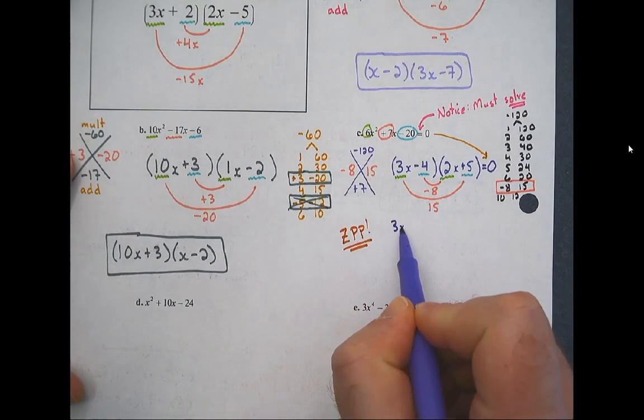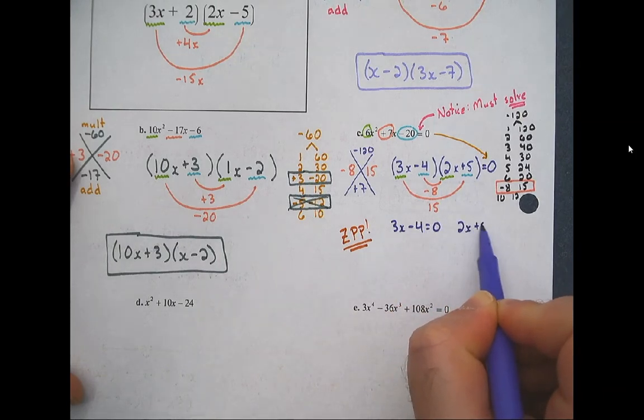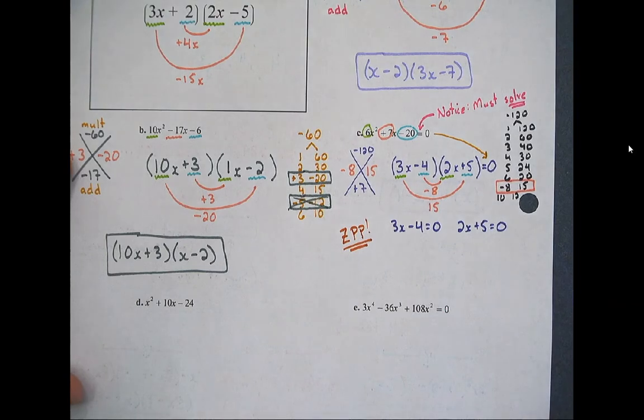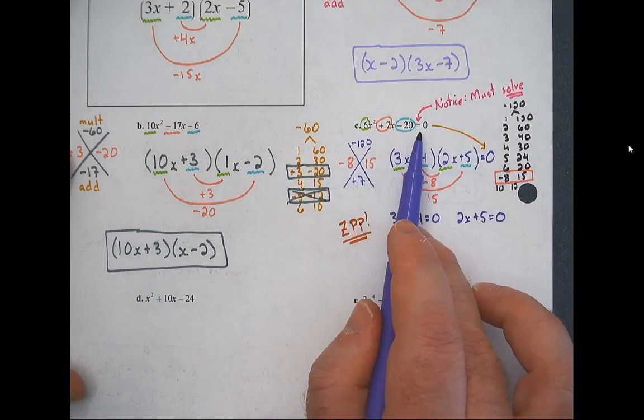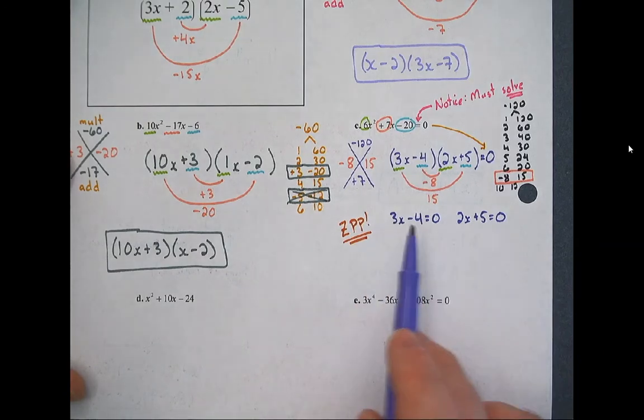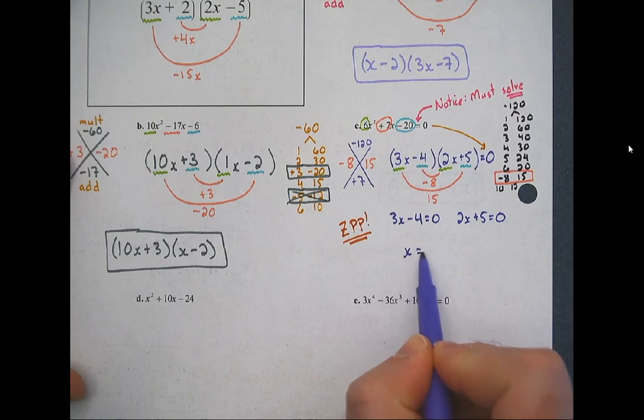So using that idea, this times this equals 0, then the first part must be 0, or the second part must be 0. Now I've taken something that's fairly complicated, a complicated quadratic equation, and I've made it into two linear equations, which are really easy to solve. Add the 4, divide by 3, I get x equals 4/3.